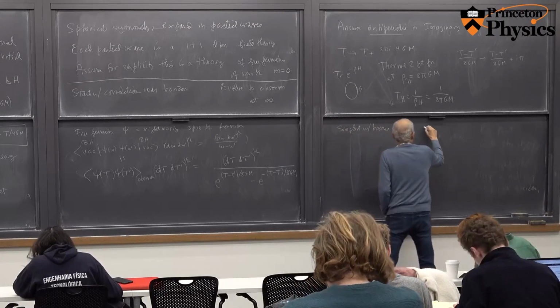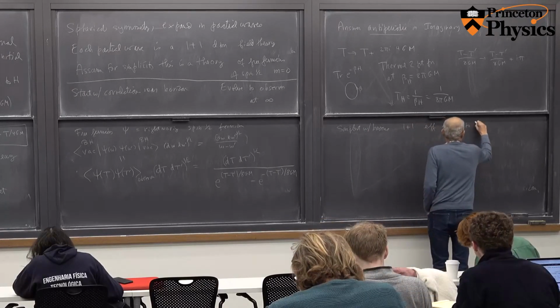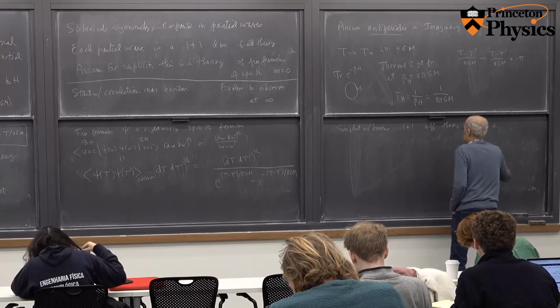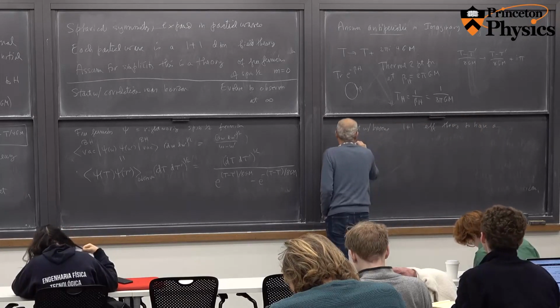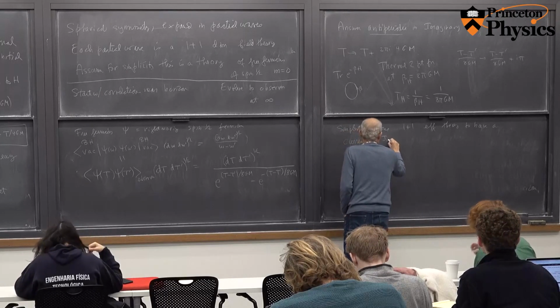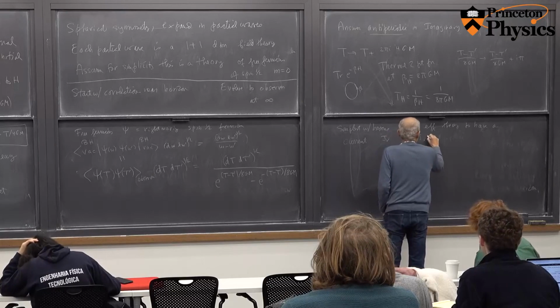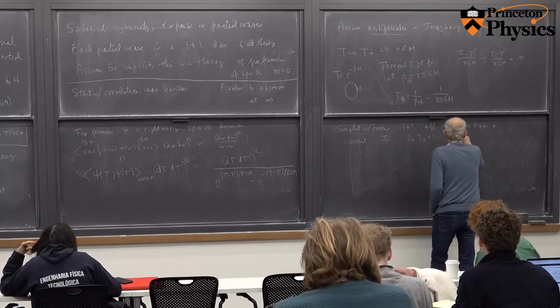We could assume the 1 plus 1 dimensional effective theory to have a current J that's conserved in the sense that du of J is 0, a right-moving current.